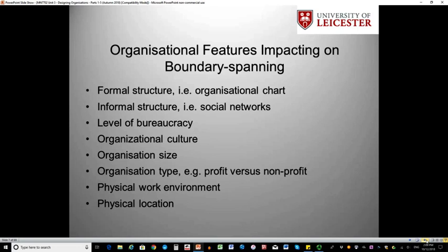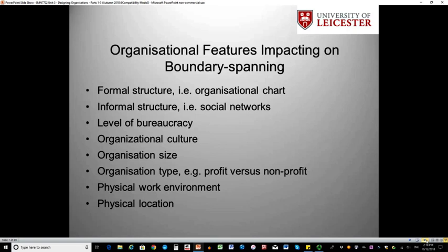One of the things we'll look at at the end of part 3 today is the physical work environment, and the way that organisations design their workspace and their buildings can have a profound effect on the way in which we interact. So certain types of buildings, certain types of workspace design will encourage boundary spanning, and others will discourage it, and we'll talk a little bit about that later this morning.